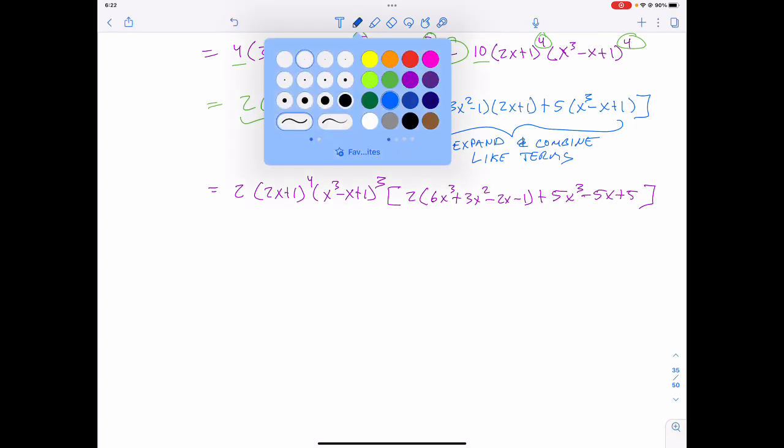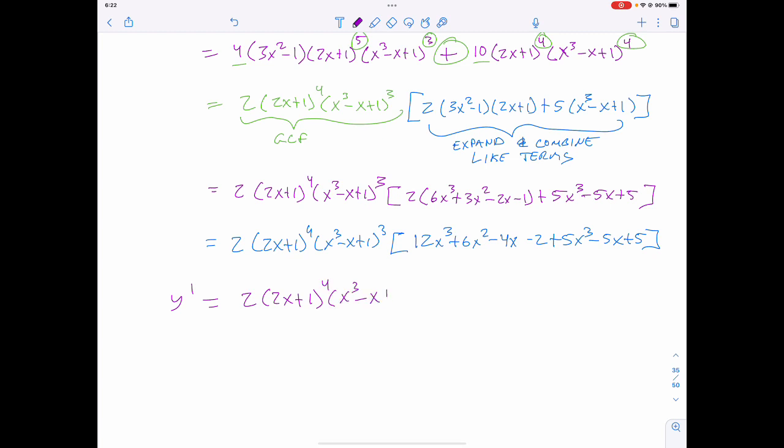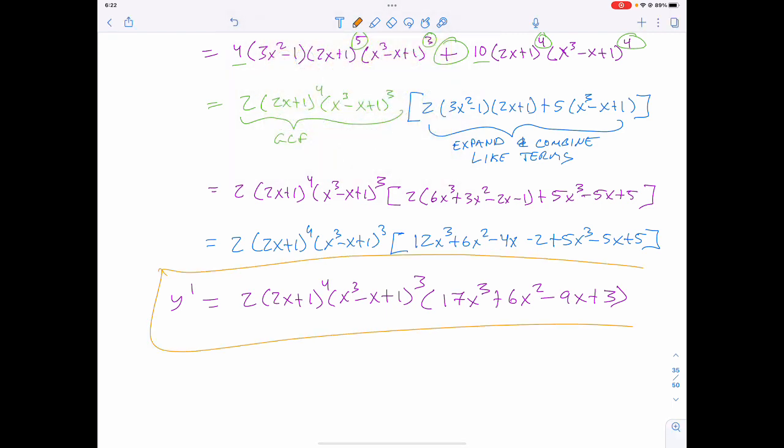Or (2x plus 1) to the power of 4, (x cubed minus x plus 1) to the power of 3, and 12x cubed, 6x squared, minus 4x, minus 2, plus 5x cubed, minus 5x, plus 5, which means that y prime is going to equal 2, (2x plus 1) to the power of 4, (x cubed minus x plus 1) to the power of 3, and (17x cubed, 6x squared minus 9x and plus 3). And there's my answer.